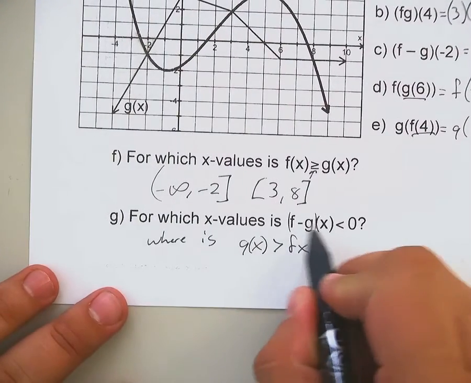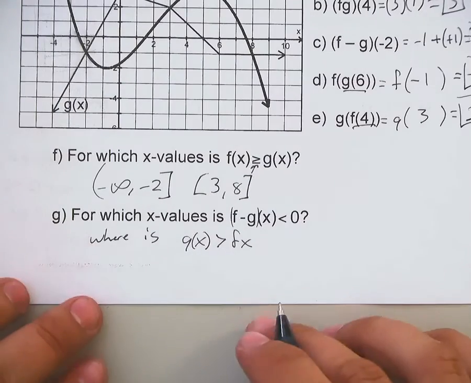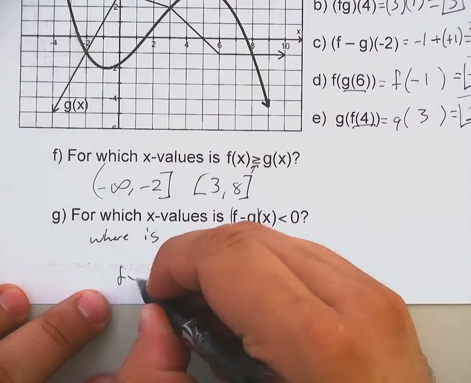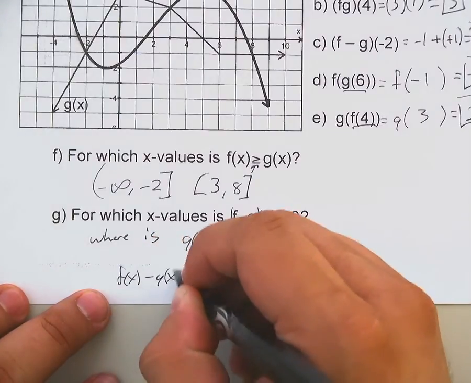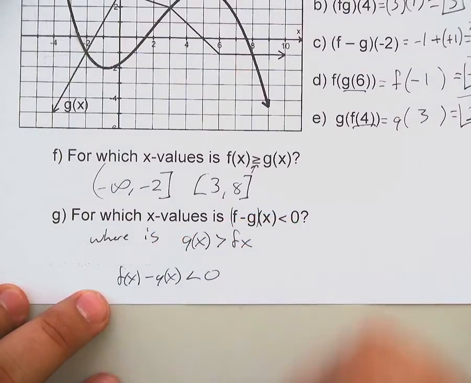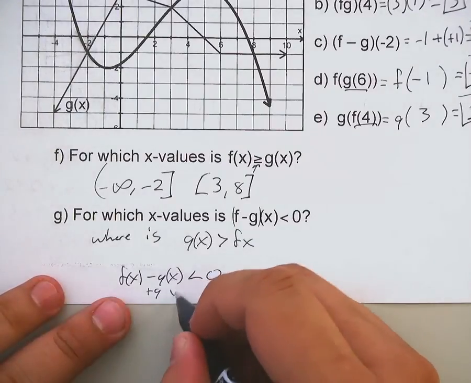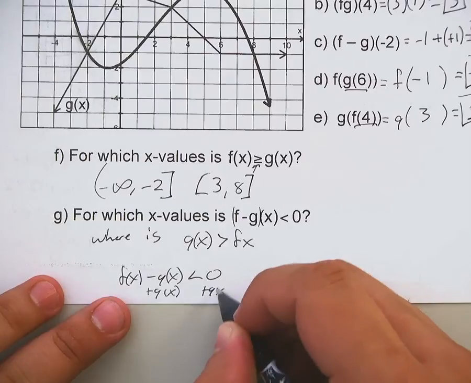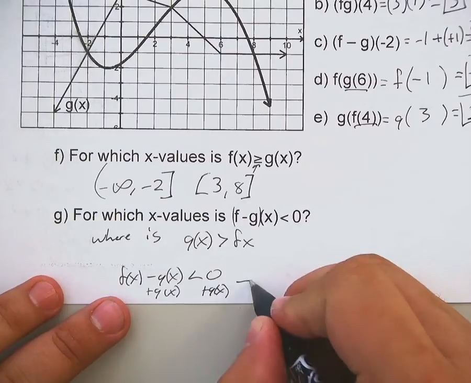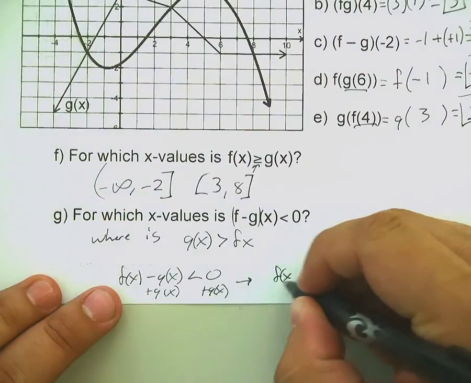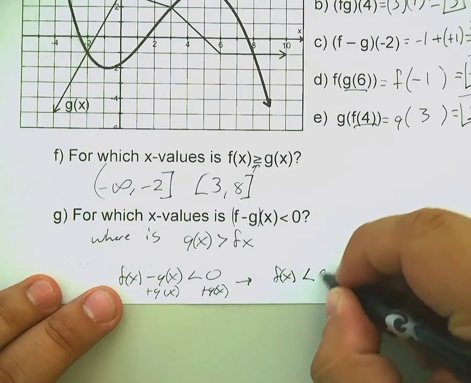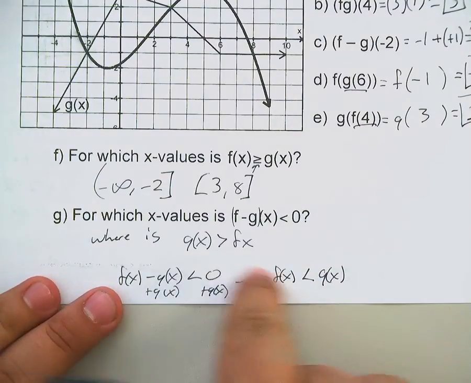If you were to take this back to the front, and let's say f minus g is f of x minus g of x, do algebra. Add g of x to both sides. What are you left with? You are left with f of x is less than g of x. Those are the exact same thing.